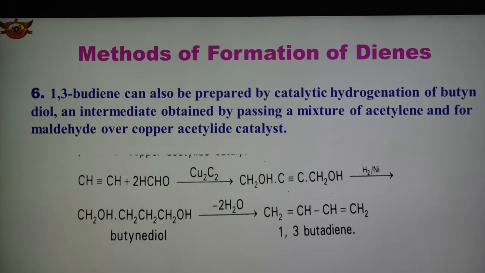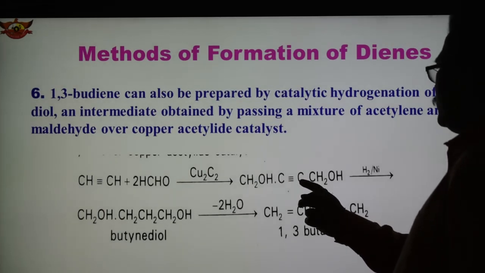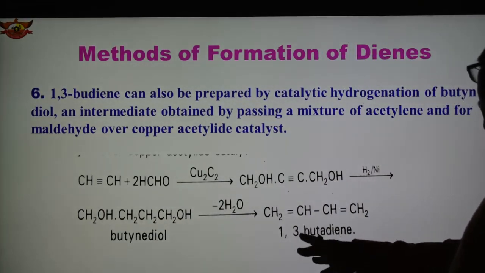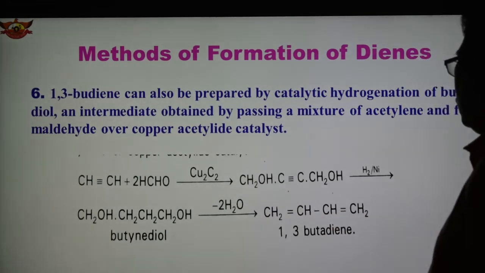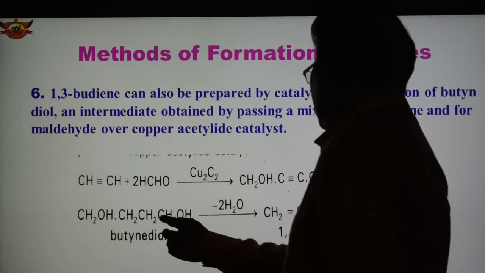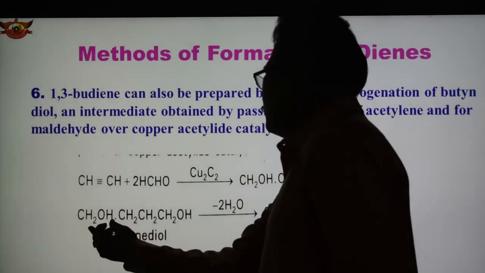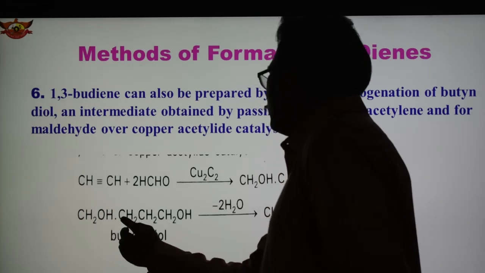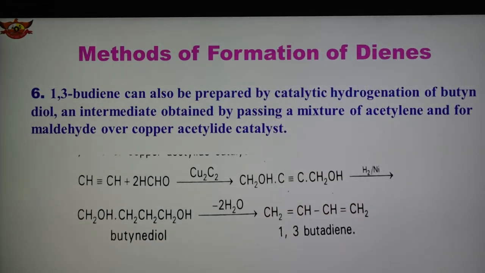Hydrogen is added, two hydrogens here and two hydrogens here. After that there is a loss of two water molecules, OH from this and H from this, giving a double bond again, and from the other two carbons OH and H are lost. We obtain this 1,3-butadiene.